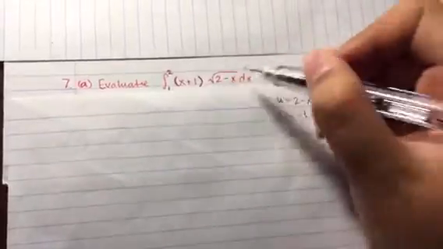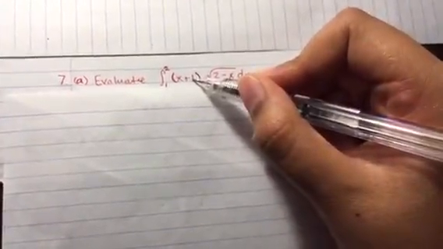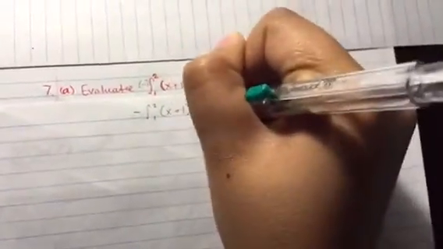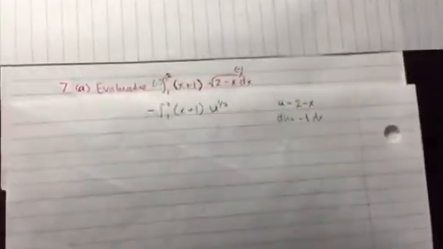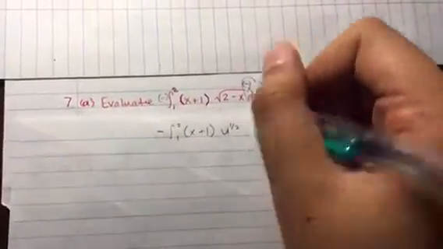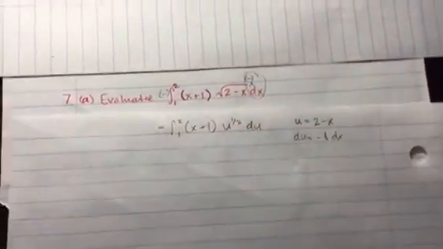So then from here, we have to find this, and since we'll just add in a negative, and since we add it here, we'll have to add it over here as well. So then we'll have negative integral from 2 to 1 of x plus 1 times u to the 1/2, which is the same as square root of u, and this will become du.